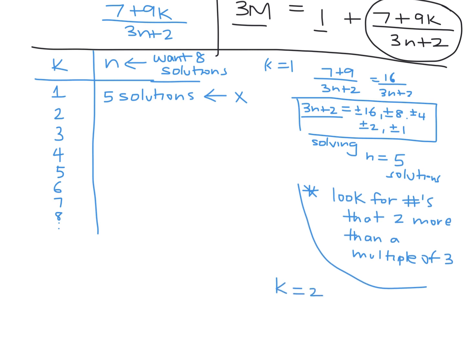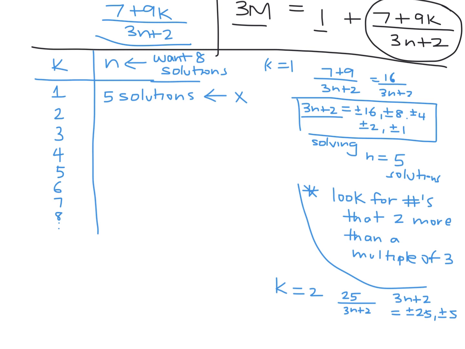So if k equals 2, plug it in there. We get 7 plus 18, so 25. So it'd be 25 over 3n plus 2. And same thing. So 3n plus 2 is going to be either plus or minus 25 or plus or minus 5, and plus or minus 1, sorry. Then you have to solve for n and see how many values of n are integers.